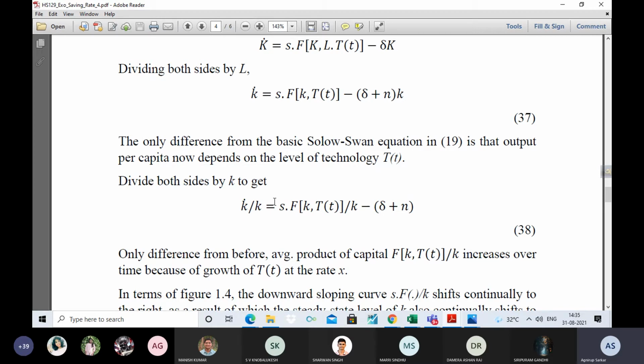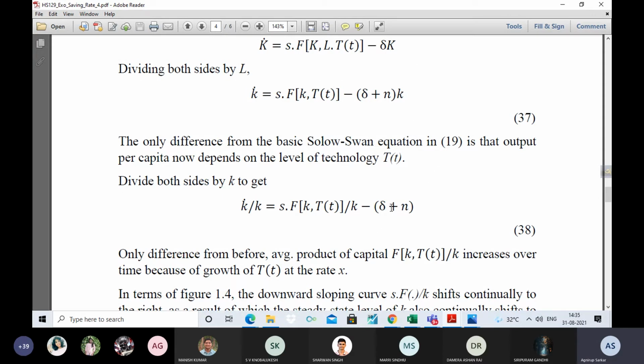The first term is the product of s and the average product of capital, which is F(K,T) divided by K. This is the average product of capital. And the second term is n plus delta. We are familiar with this, right?